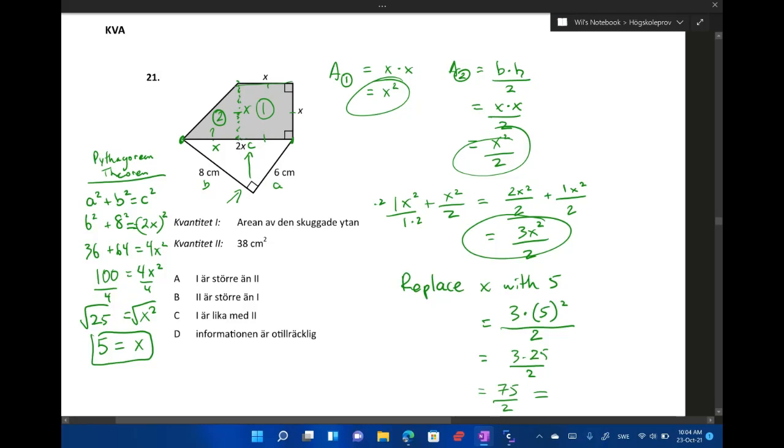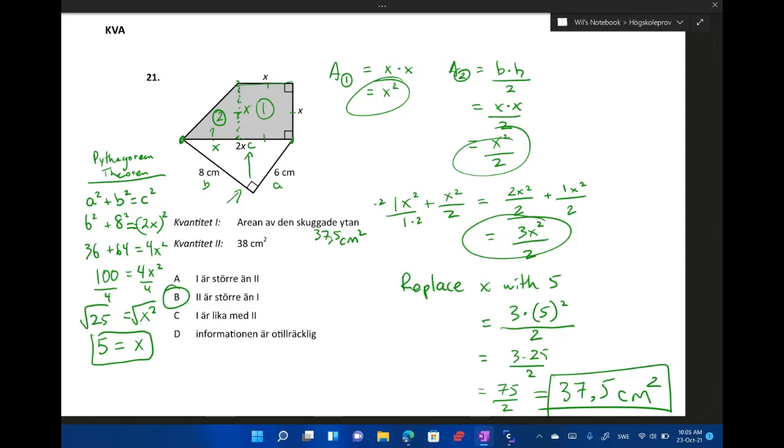That's going to be 37.5, and in this case, centimeters. So we'll say that the area of this shape is 37.5 centimeters squared. So it's pretty clear that 38 is bigger than 37.5. So we'll say 2 is bigger than 1. There's our answer, B.